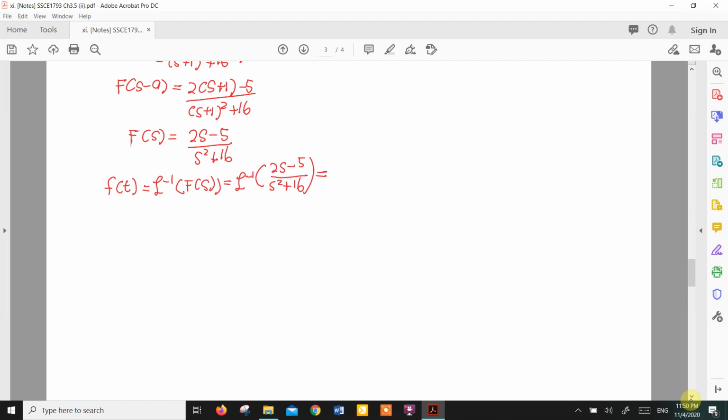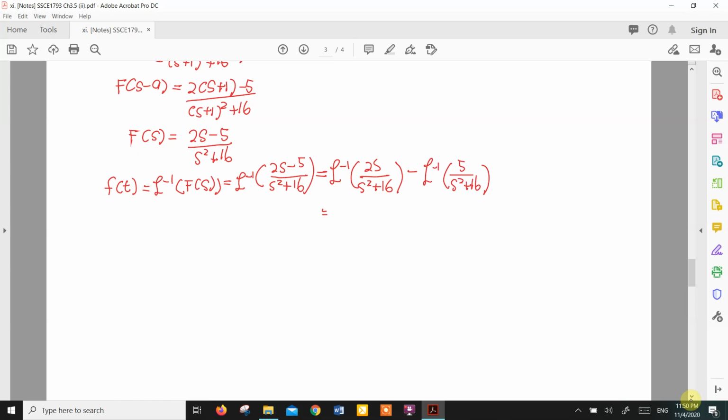This is equal to the inverse of 2s over (s square plus 16), I separate these two functions, minus the inverse of 5 over (s square plus 16).